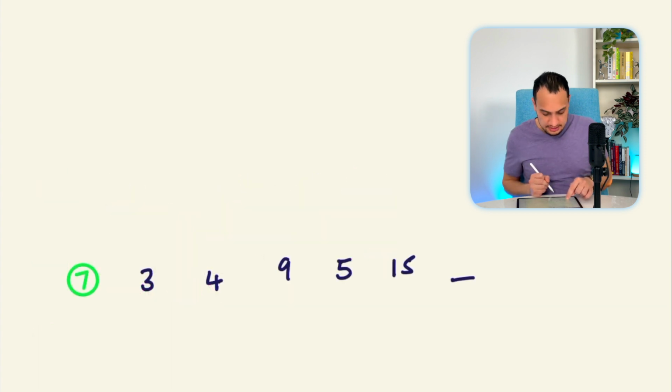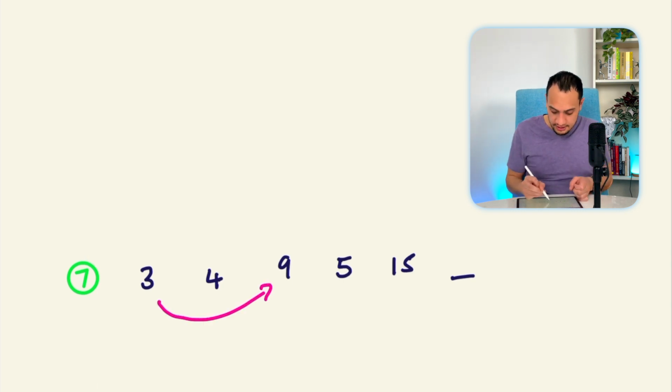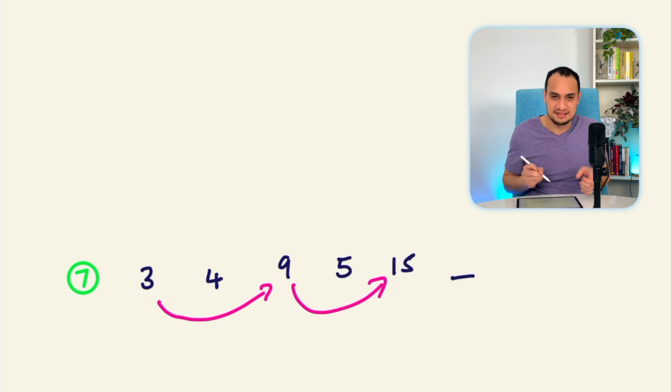Let's look at a final example. I wanted to have one alternate sequence just so you can see what to do. Again, they're quite difficult to spot, but if the pattern doesn't seem to make much sense, then it could be an alternating sequence. So here we've got 3 to 9, that's going to be plus 6. 9 to 15, that's also going to be plus 6.